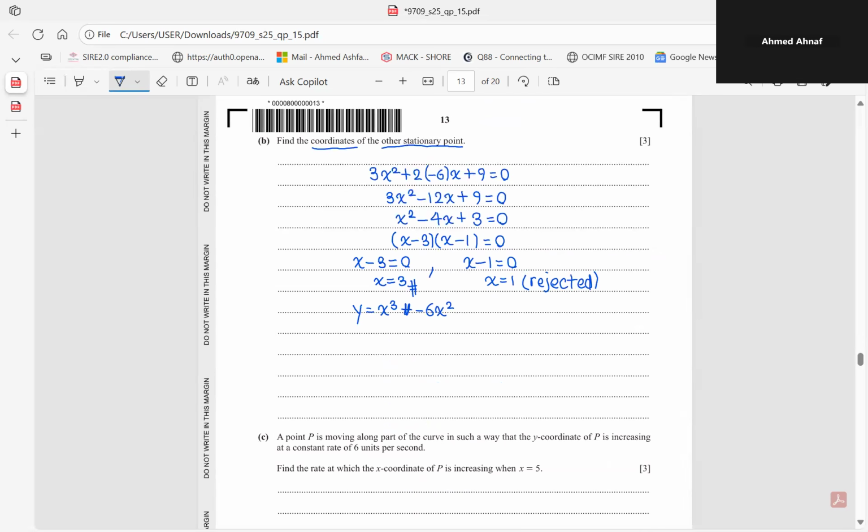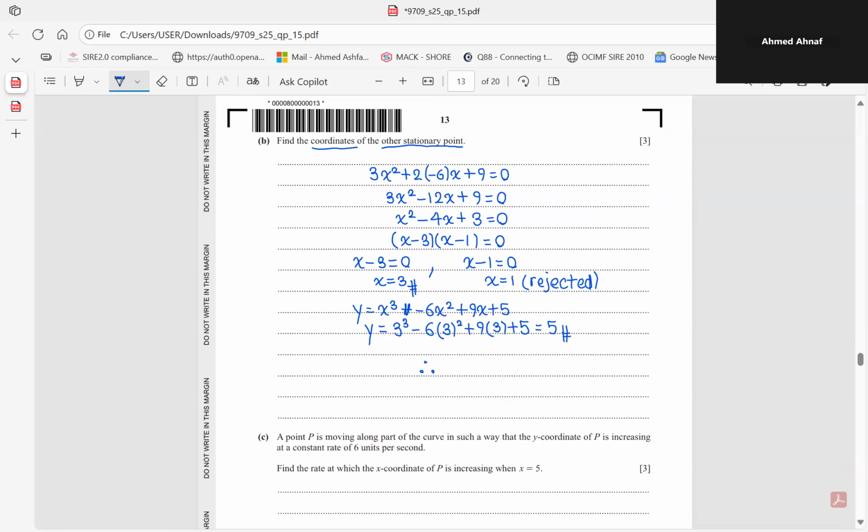So this would be y equals 3 cubed minus 6 times 3 squared plus 9 times 3 plus 5, which equals 5.